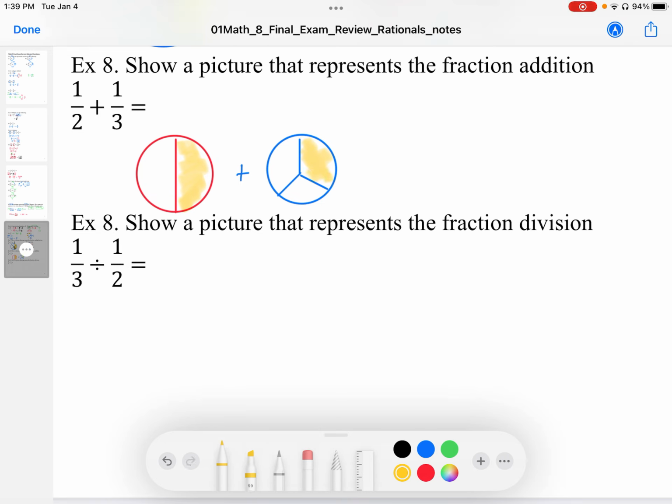To add these together, I need a common denominator. So my common denominator is going to be 6. So I'm going to split this up into 1/6 pieces. So here I have 3/6. Over here I have 2/6. So my final answer is going to be 5 1/6 pieces.